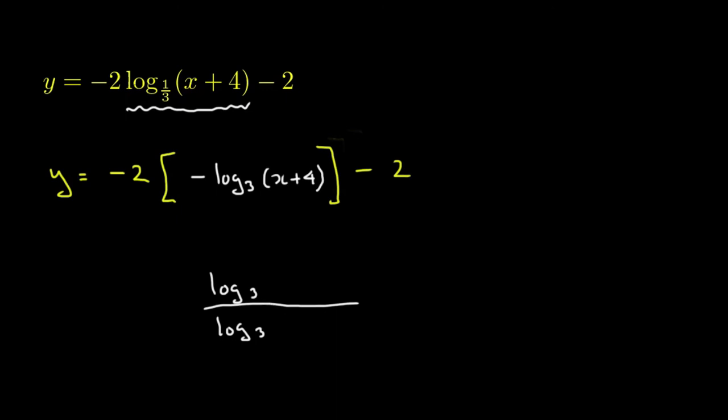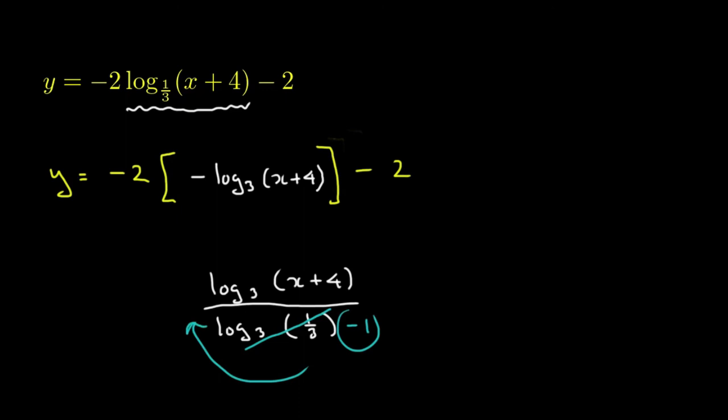And I'm ignoring the -2 for now. I'm still just focusing on the log. So remember, the old input argument goes on the top, and the old base goes on the bottom. And I think you can see that at the bottom here, 3 to what power is the reciprocal of 3? That's just a -1. So of course you take that -1 and write it out in front.